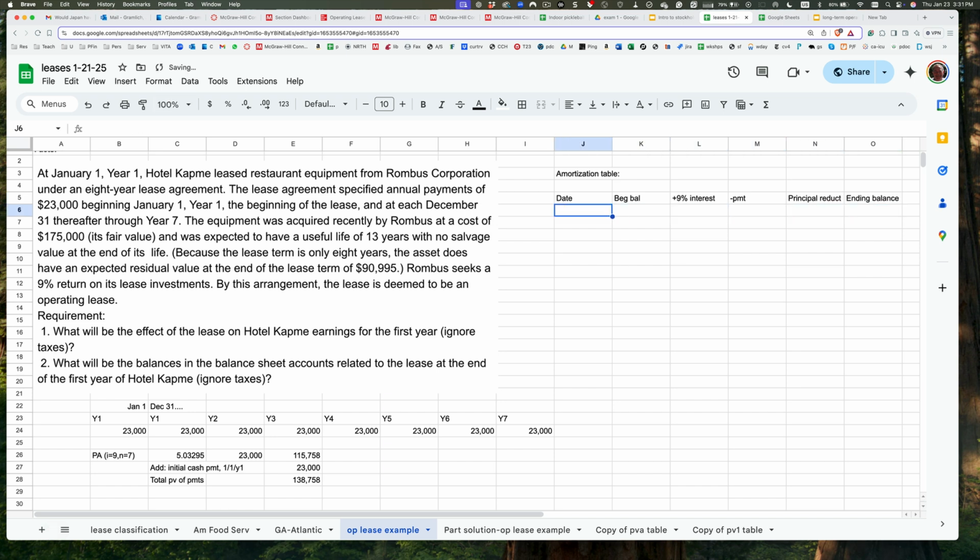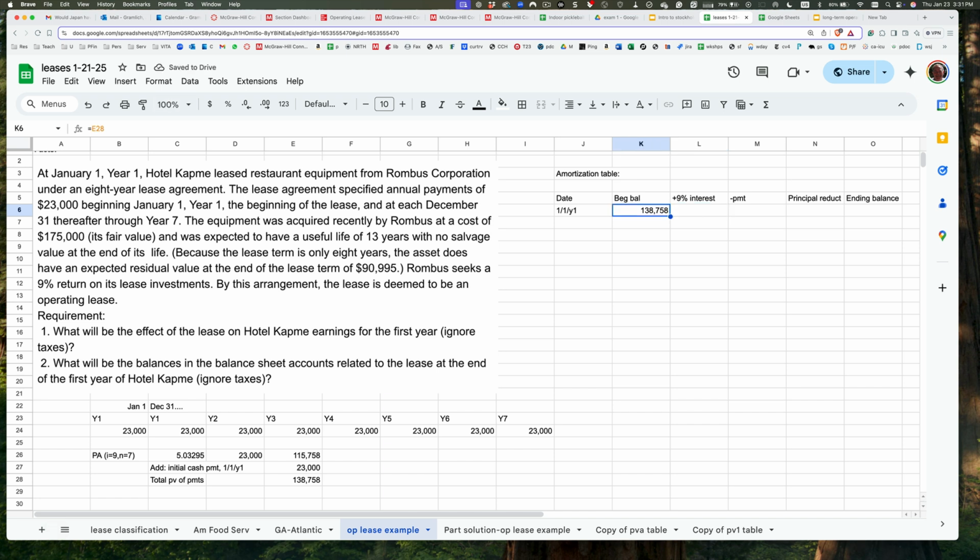And so we have here on 1/1, year one, the beginning balance was the 138,758 here. We're going to add the 9% interest times 0.09. Oh, I'm sorry, excuse me. Back up there.